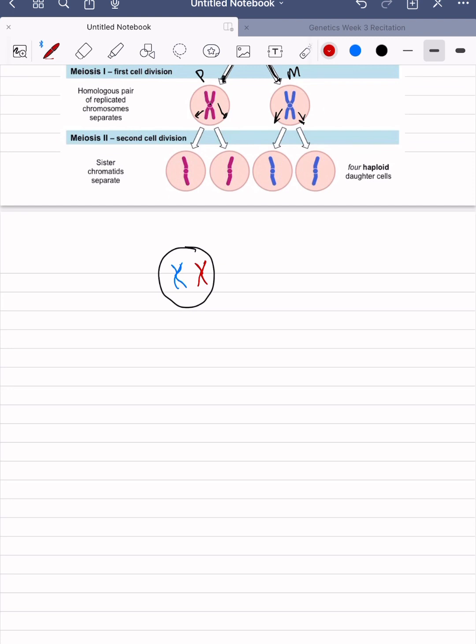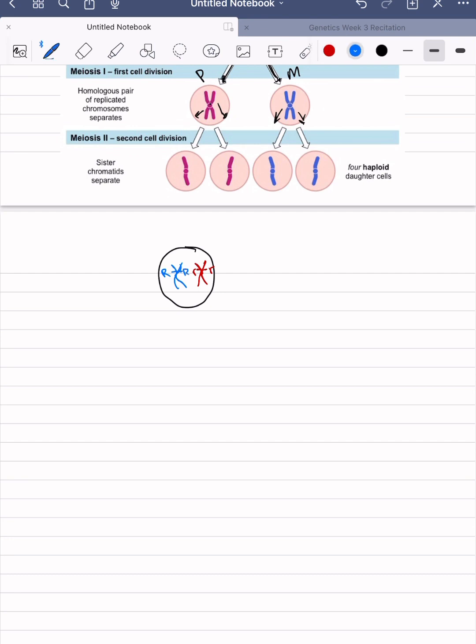Two replicated homologous pairs, and let's say this codes for a big R. This right here codes for a little r. Now, since this is an identical replicate of the other side, the opposing side will have a little r as well. This opposing side will have a big R as well.